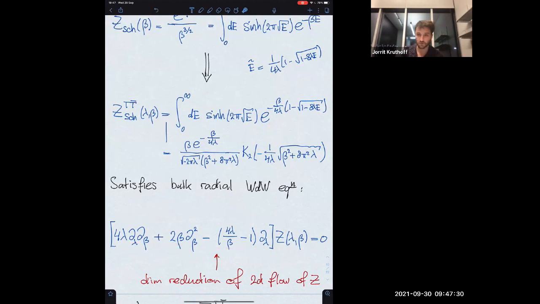This is a second order differential equation, and it is actually the dimensional reduction of the flow of the 2D partition function. There is a paper by Aharoni et al. where they derive a flow equation for the partition function for the TBar deformation, and this is just the dimensional reduction of that: you set tau1 equal to 0 and tau2 equal to beta, basically.